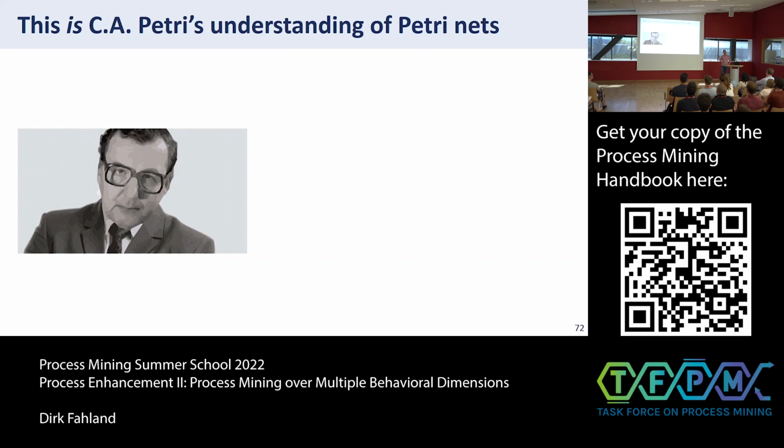What I've showed you here is actually how Carl Adam Petri himself, the inventor of Petri nets, understood Petri nets. I had the chance to talk to him 15 years ago. My God, I'm old. And when I asked him, how do you explain Petri nets?